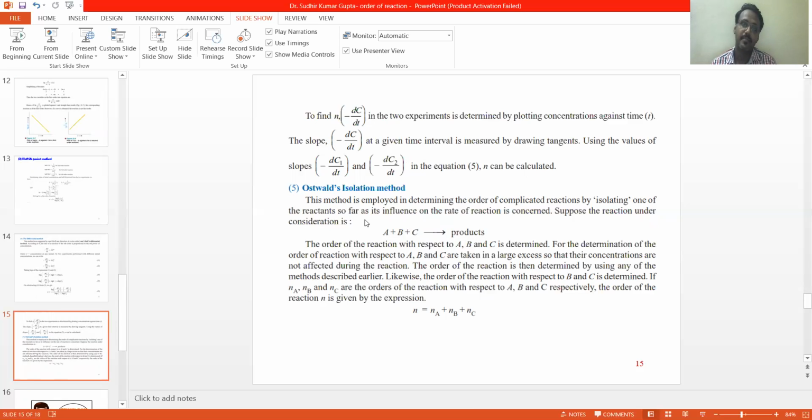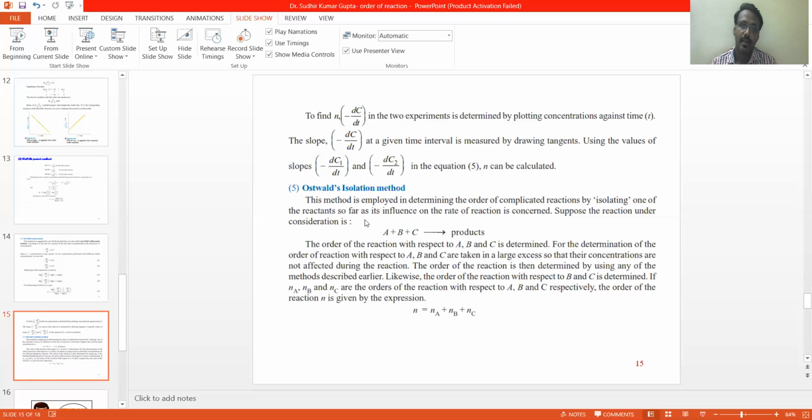If there are more than one reactant, or two reactants, then we take the concentration of other species too large as compared to one species, so large that the change in concentration of those species is negligible with respect to the change in concentration of the other species.